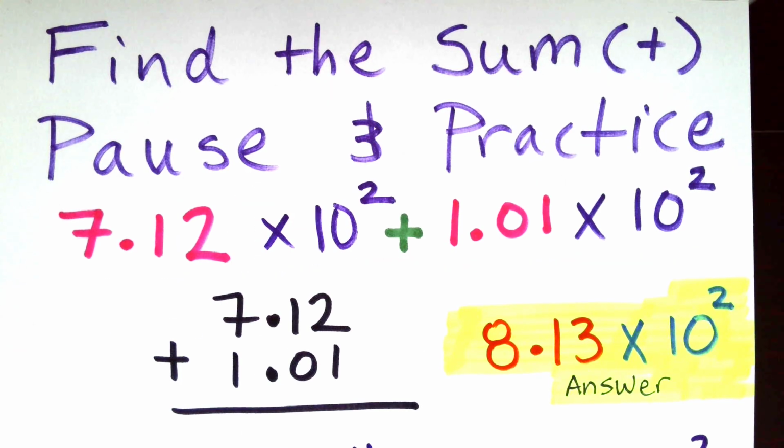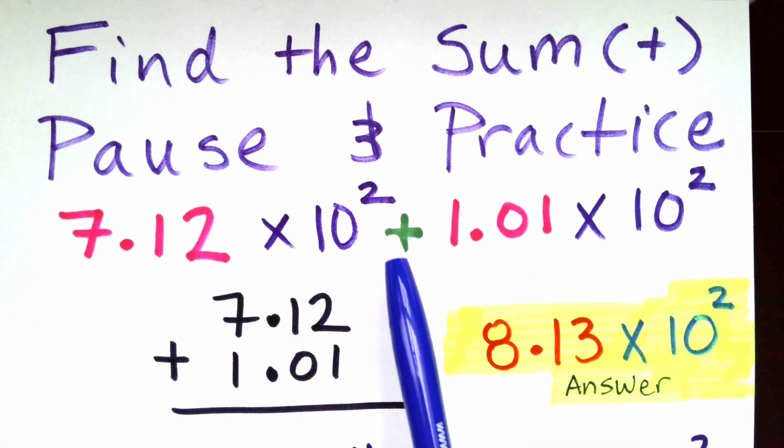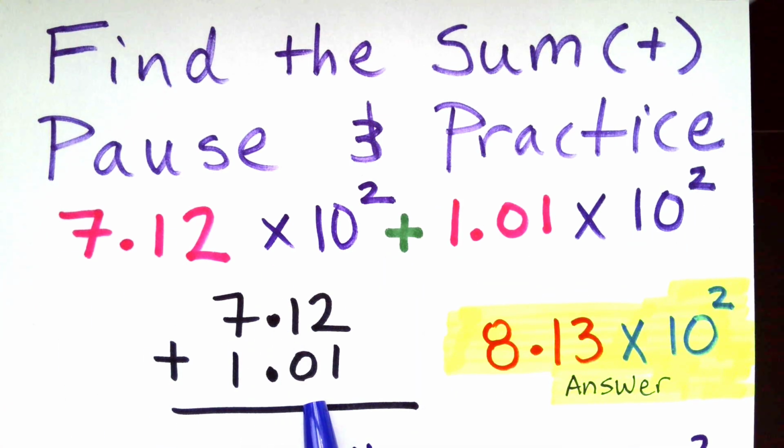All right, here's the pause and practice third problem. We have coefficient 7.12 times 10 to the second power plus 1.01 times 10 to the second power. The base is the same, exponent's the same. We're going to stack those coefficients, lining up those decimals, and add. 2 plus 1 is 3. 1 plus 0 is 1. Keeping that decimal lined up in our answer.